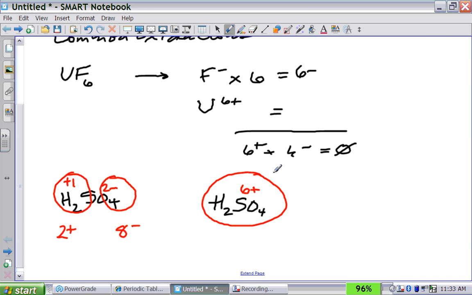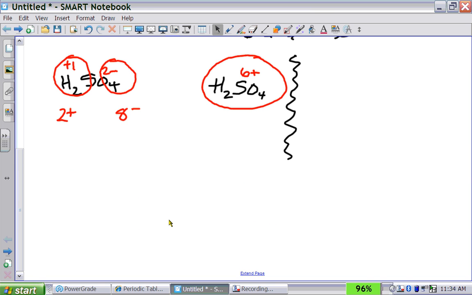Okay, so let's do one more just for the sake of it, and we can see how polyatomic ions work. Let's extend the page a little bit, and let's do chlorate. Okay, let's do a chlorate ion.